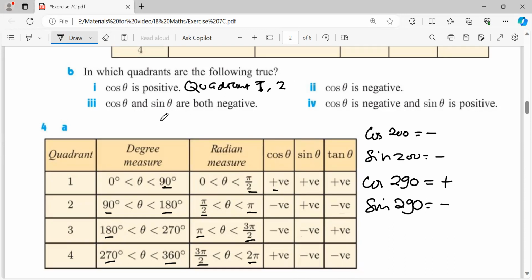Cosine theta and sine theta both negative: quadrant 3. Cosine theta is negative: quadrants 2 and 3. Cosine theta is negative and sine theta is positive: quadrant 2.